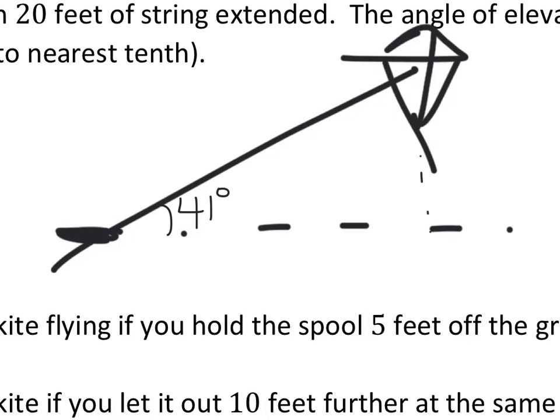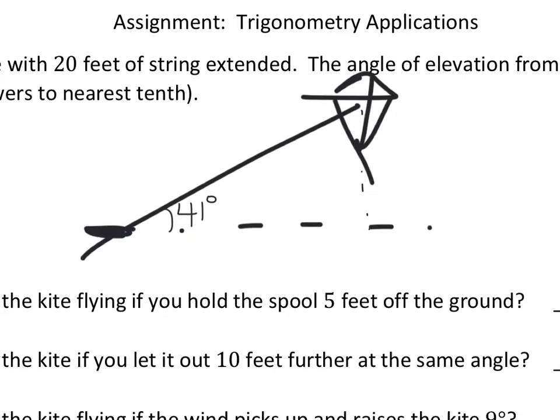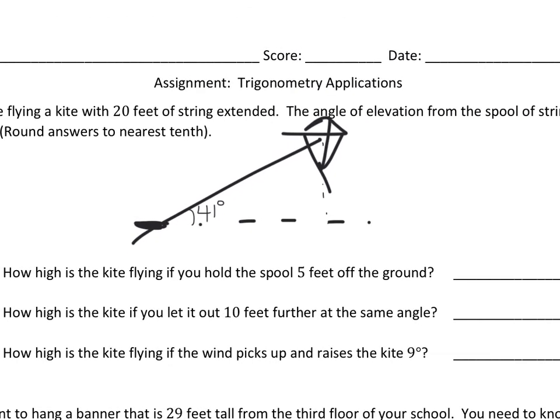And so if we were trying to find the height of this kite, we know that that's going to be straight up and down here. So what other values do we have? We have that the kite string is let out at 20 feet of length. And we want to know how high the kite is flying if you're holding the spool 5 feet off the ground.